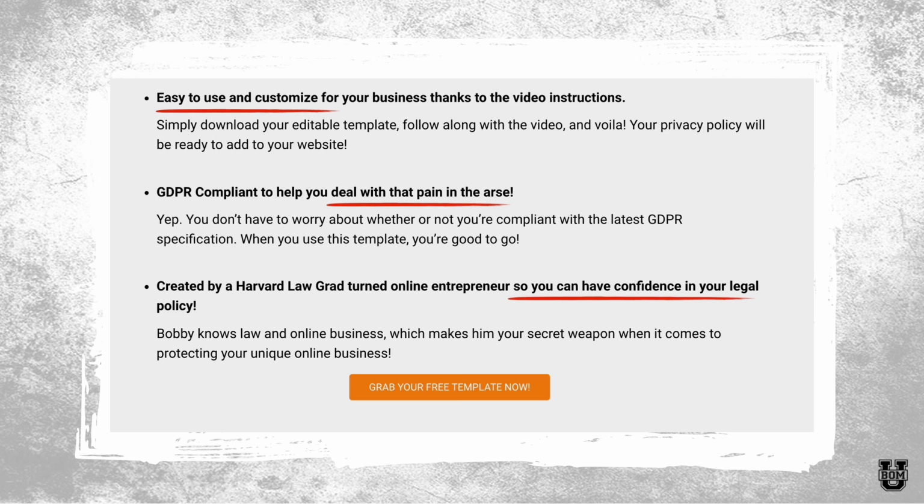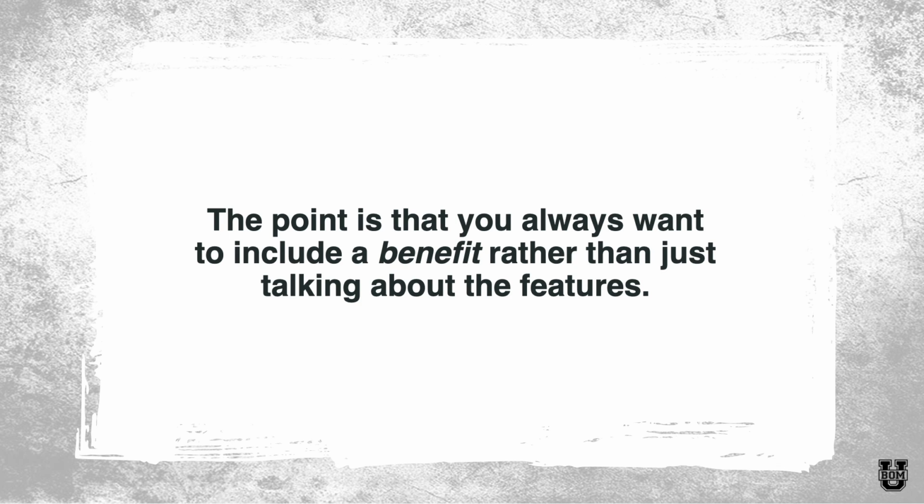That's the feature, so you can have confidence in your legal policy, because the confidence is what they need. This is an example of various ways you could do a bullet that includes a benefit, not simply a feature. The point is that you always want to include a benefit rather than just talking about the feature. So that's how you write your bullets.